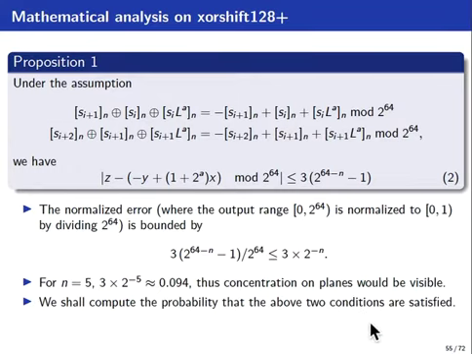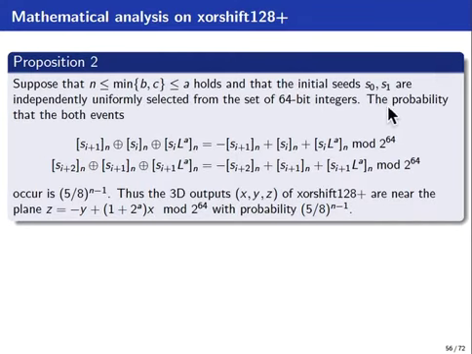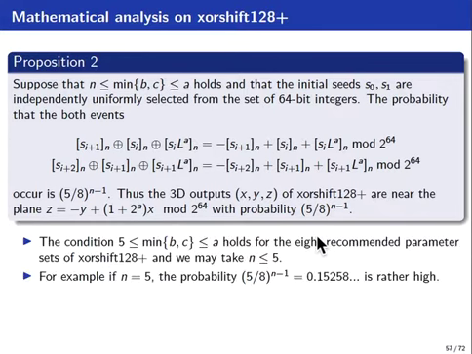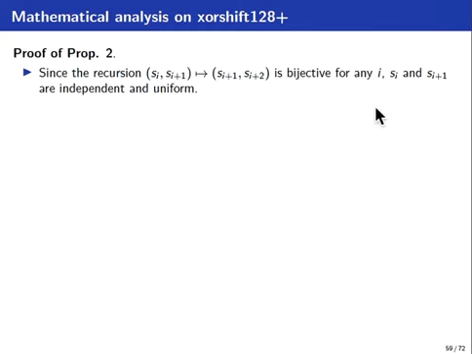Next, we shall show that these equalities occur with high probability. If the initial state is uniformly randomly chosen, then the probability that the assumption holds is (5/8)^(n-1). Again, for n equals 5, this probability is rather high. We shall give a proof of proposition 2.